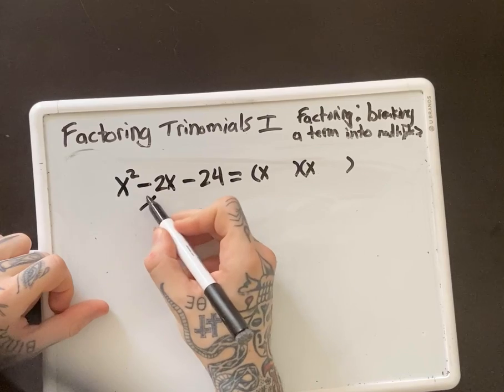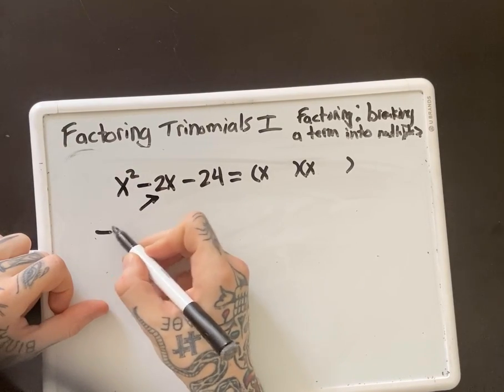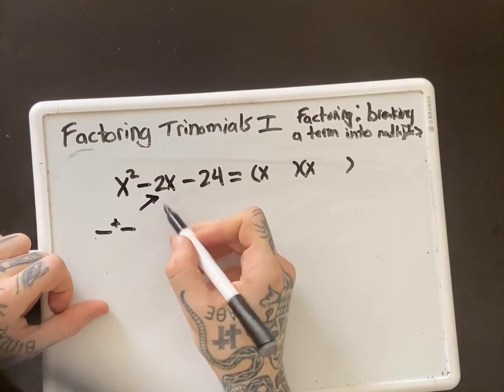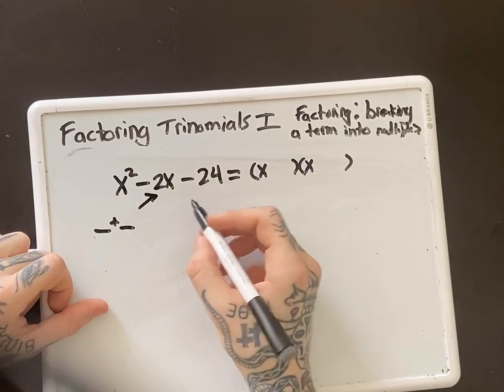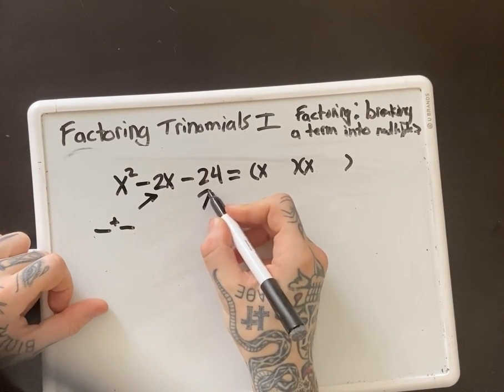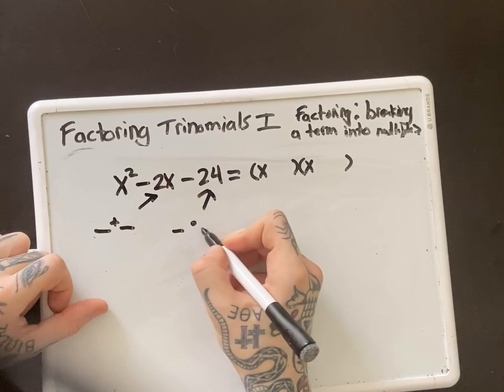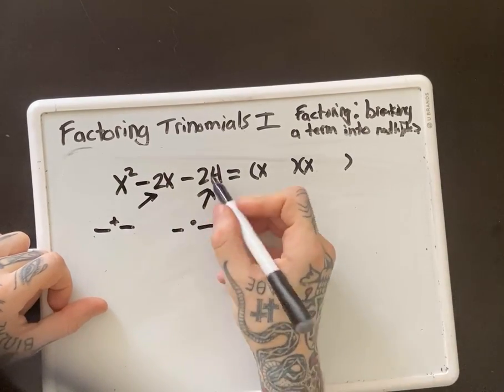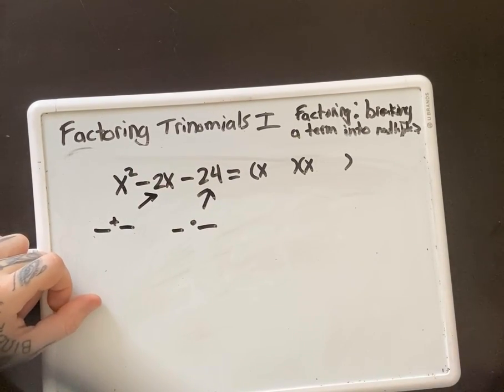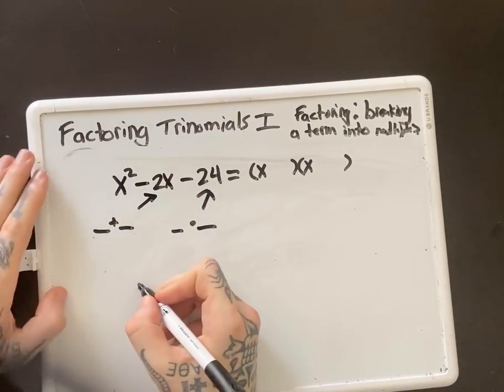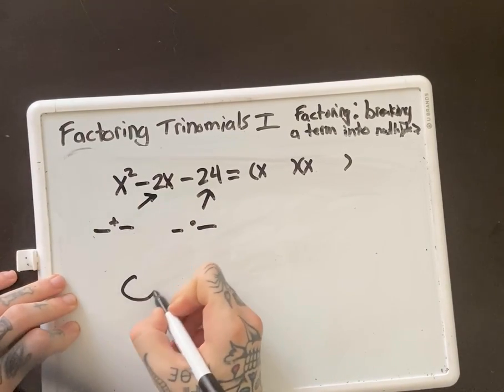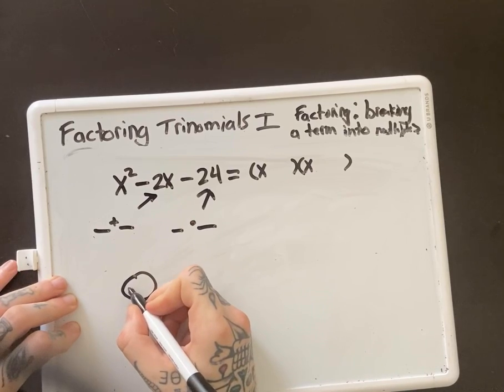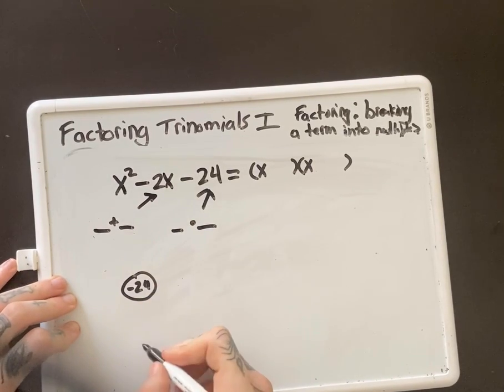Now, we still have to ask our question. What plus what equals this? And what times what equals that? Okay? Again, if you want, you can put it into our number puzzle, if that helps you.